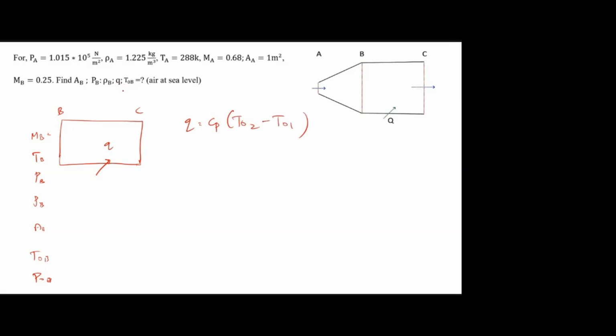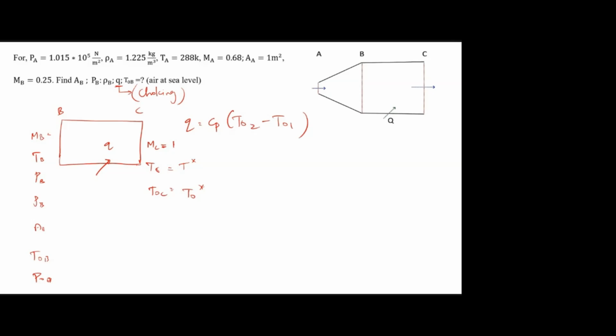Actually, I forgot to mention, they are asking us to find the Q value for the choking condition. That means what would be the Mach number here? 1. Then how to denote this T naught C if it is 1? Star. T star, very good. T star and T naught star.